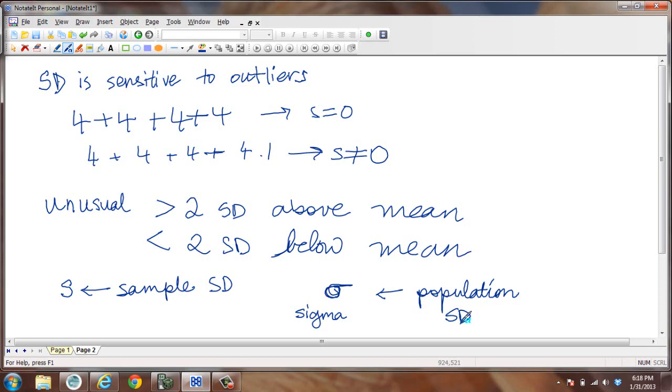Okay, so s is for sample, sigma is for population. Just like when we looked at x bar as the sample mean and mu as the population mean, same thing here. s, sample standard deviation, sigma, population standard deviation. Generally we use English letters for sample and Greek letters for population.